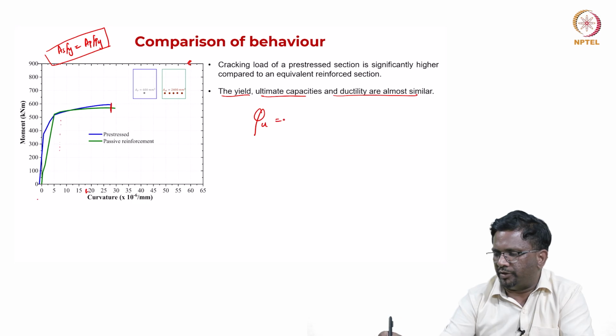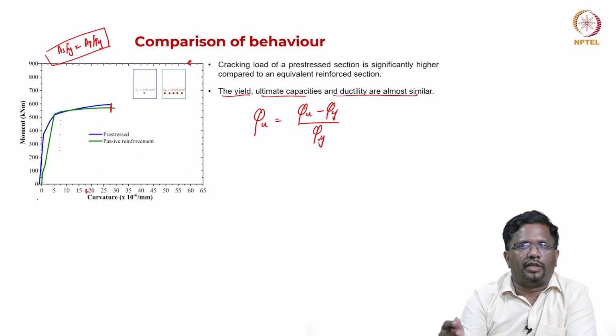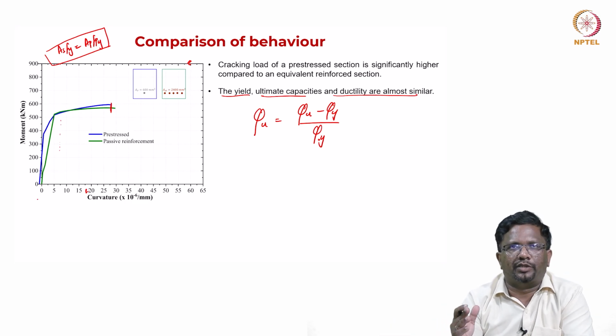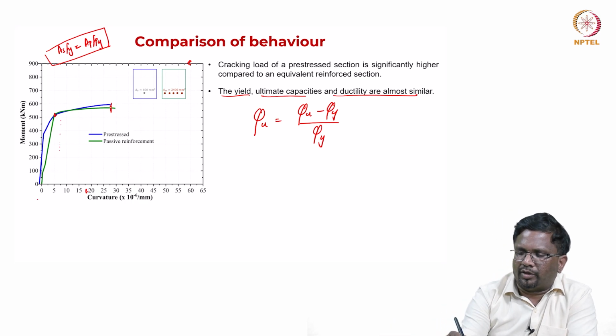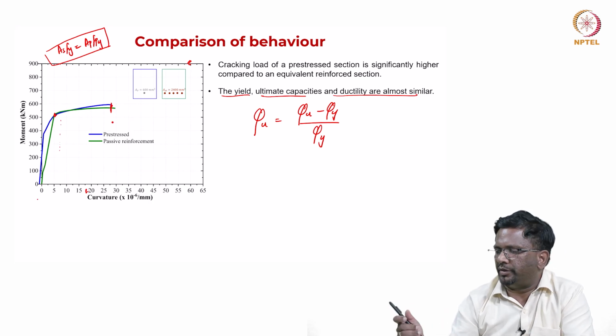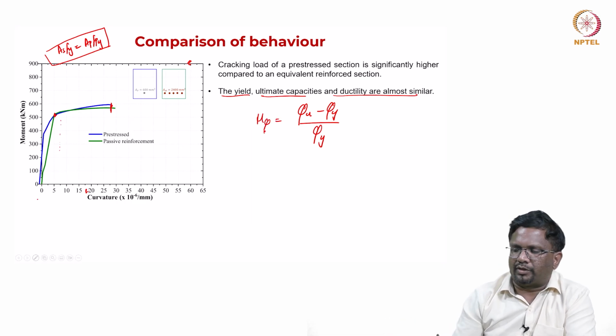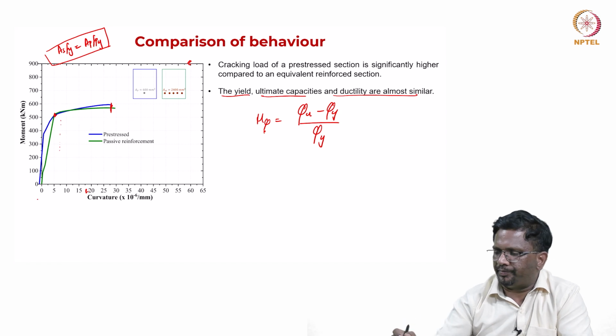We talked about mu being phi u minus phi y by phi y, and they are nearly the same, right. So curvature at yield is the same, curvature at ultimate is nearly the same. So the curvature ductility index, mu phi, curvature ductility, right, they are the same.